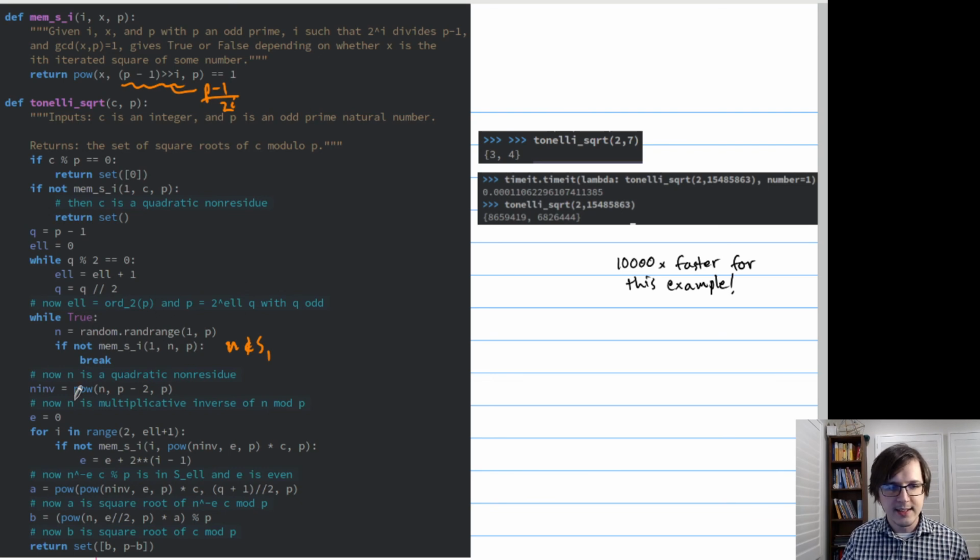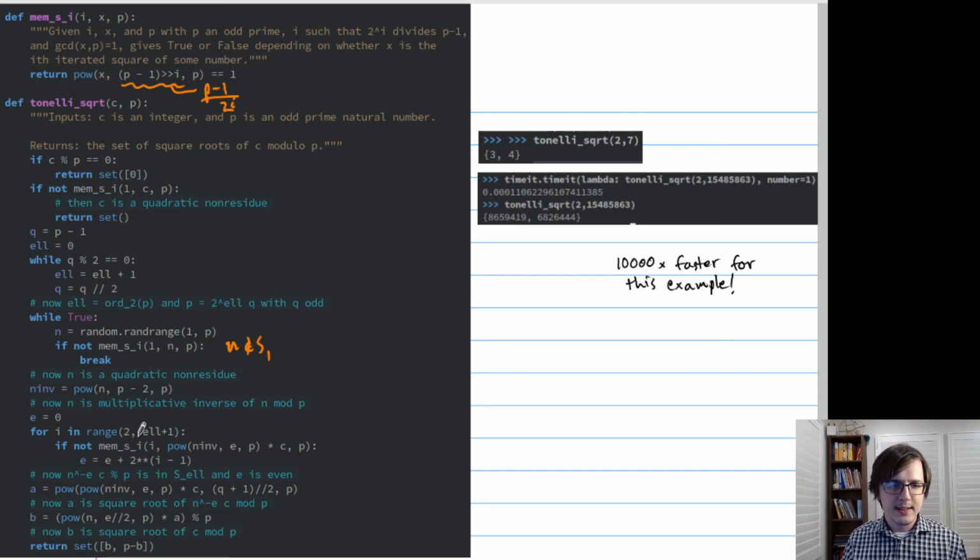Then there is calculating the multiplicative inverse of n, which we need to raise n to the minus e in those steps. This uses Fermat's little theorem: if you raise a number to the p minus 2 mod p, you get a multiplicative inverse. It's not the fastest way to do it, but it works, and I didn't want to implement the GCD to calculate that.